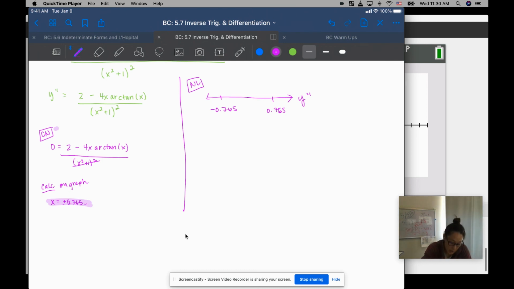So I am going to use my calculator, and I'm going to use y double prime of -1, y double prime of 0, and y double prime of 1. Okay, we're going back to the calculator. Here we go.